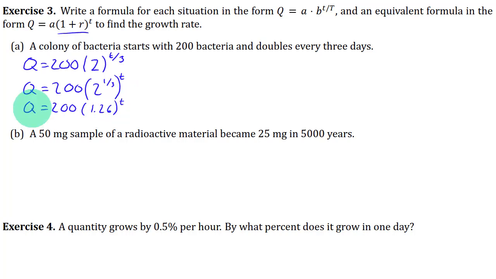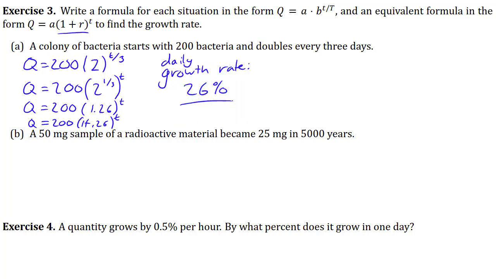And that's the same thing as 200 times 1 plus 0.26 to the power t. So yeah, we can see that the growth rate every day is 26%. Okay, so I guess the question was asking for that and also asking for the daily growth rate.